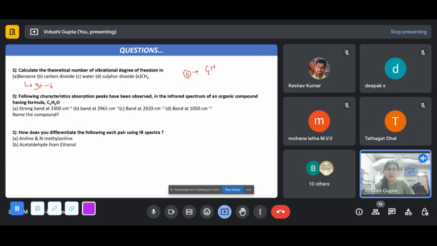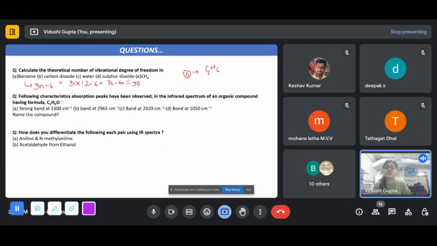For a non-linear molecule, we use 3n minus 6. So n will be 12, like 6 carbons and 6 hydrogens, so 3 times 12 minus 6. That is 36 minus 6, that is 30. So the vibrational degrees of freedom in benzene will be 30.